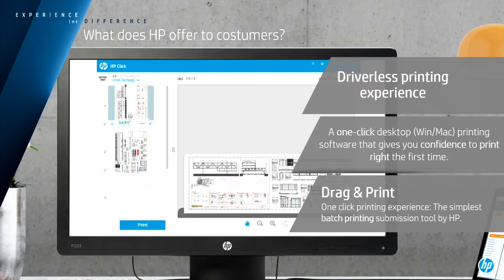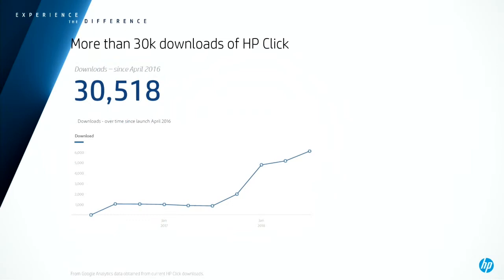It's very simple and very easy to use for those customers that haven't been using software to print. Let me first show you the number of downloads of HP Click in recent months. Up to the last quarter, we have reached more than 30,000 downloads.